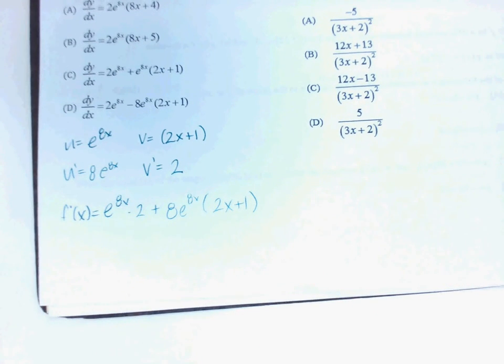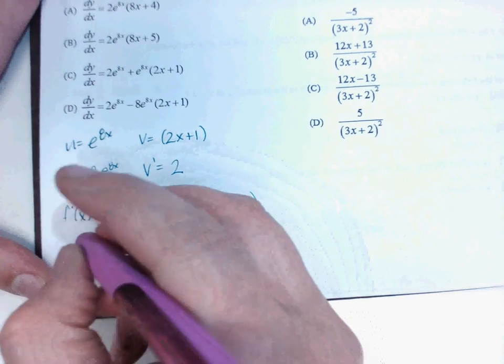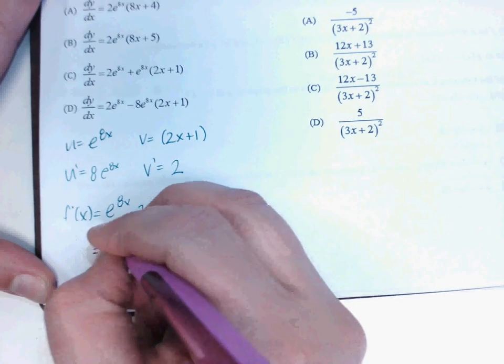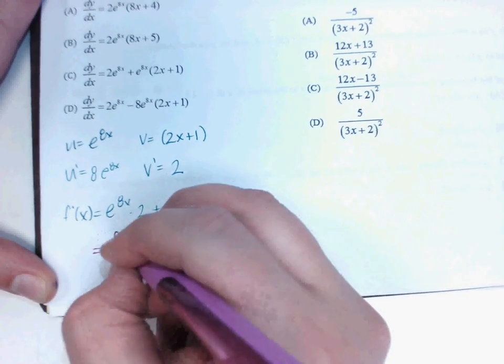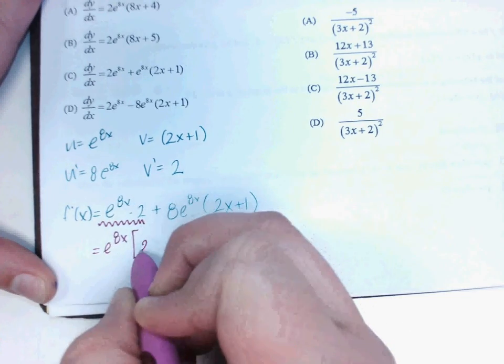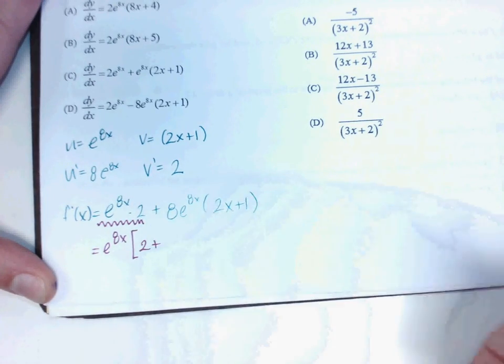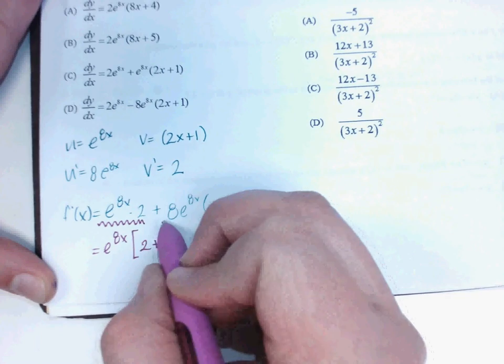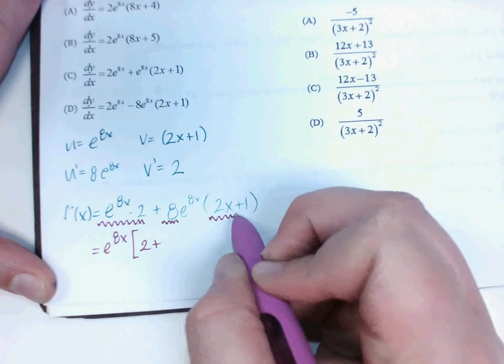Everybody good with that so far? Okay, let's look for a common term. What do they both have? E to the 8x. So I'm going to take my e to the 8x out. Okay, what's left over from the first term? 2 plus. And then what's left over from here? An 8 and a 2x plus 1, right?